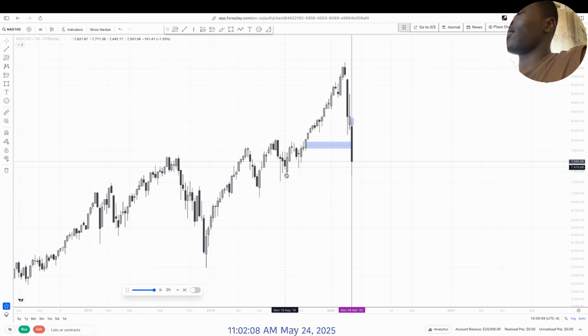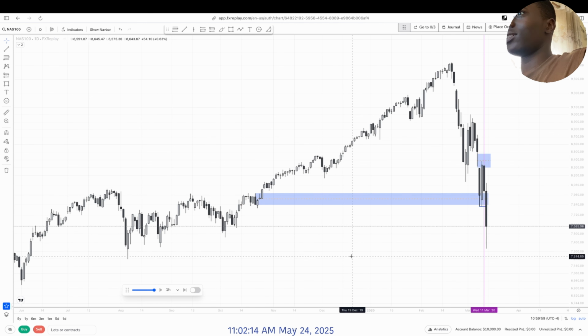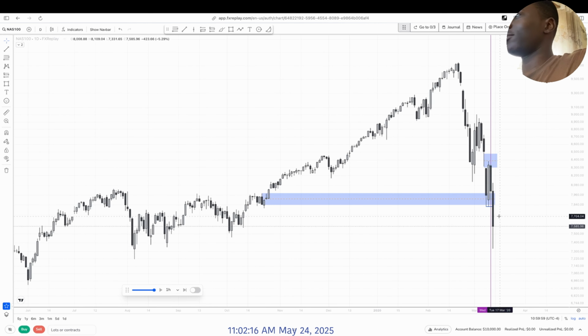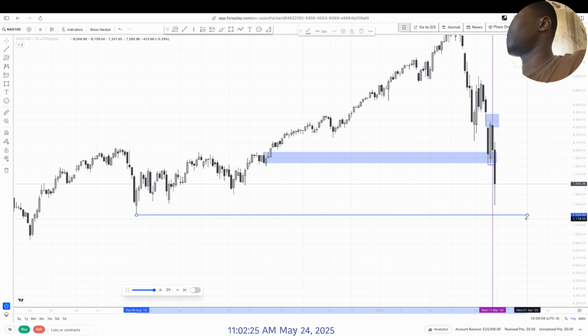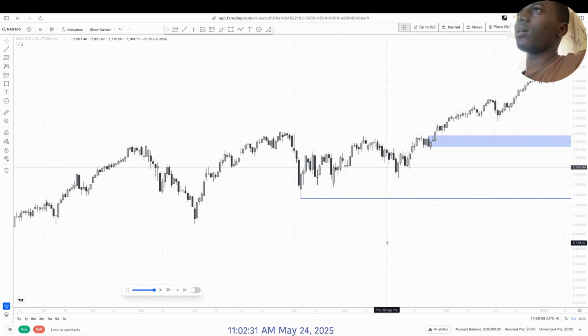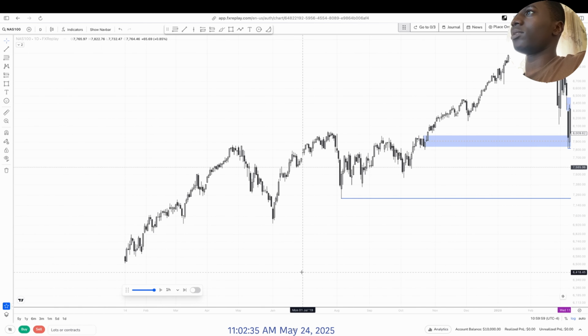We are currently in this one, and on the daily time frame, you can see that we have a level of liquidity right here. This one, the daily sell side liquidity, SSL, and we have a good OB right here under it, which means that might be a good potential.